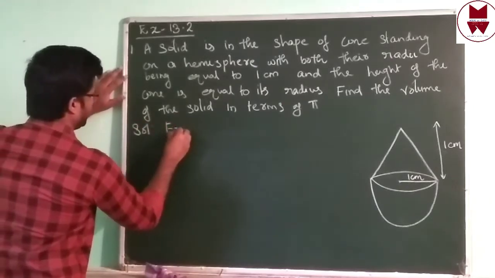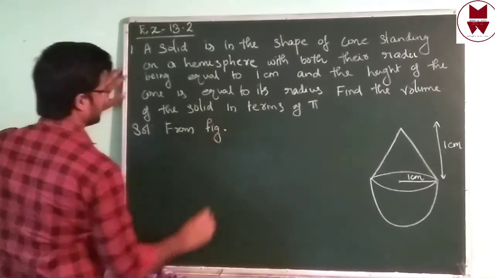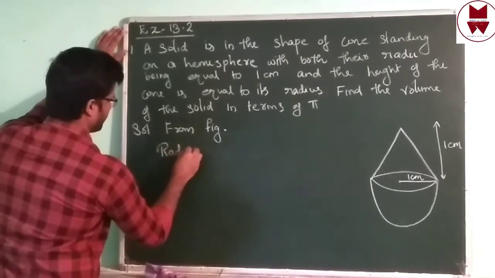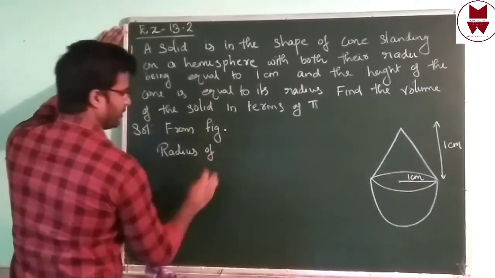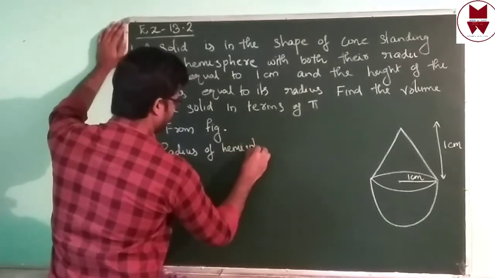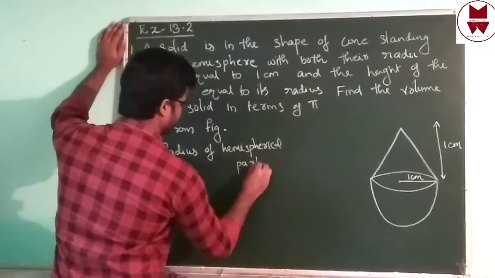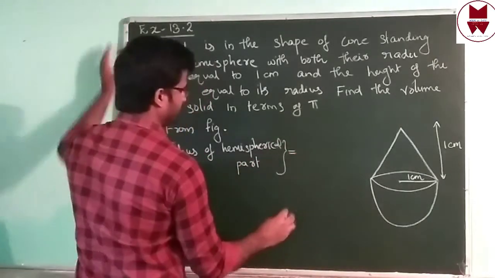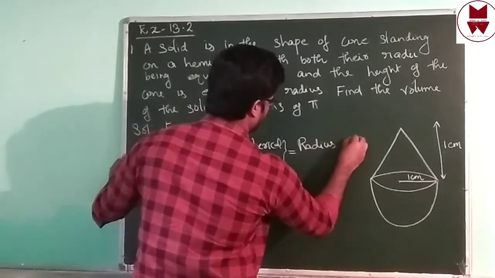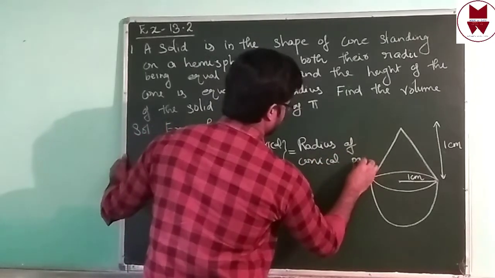We can write from the figure. Radius of hemispherical part equal to radius of conical part.